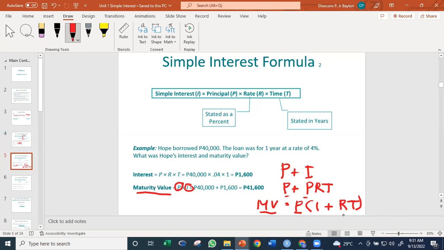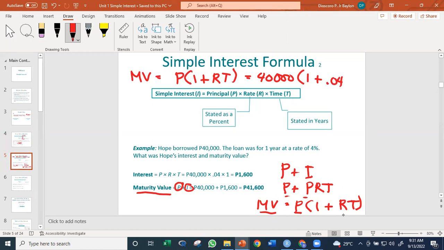All right, so we can try that here. So maturity value is equal to P times 1 plus RT. And our principal is 40,000. 1 plus the rate at 0.04.